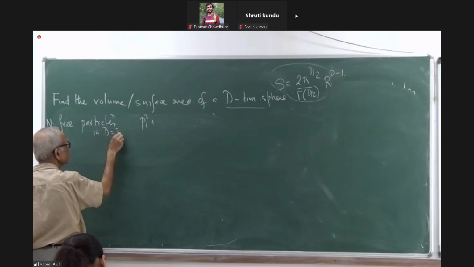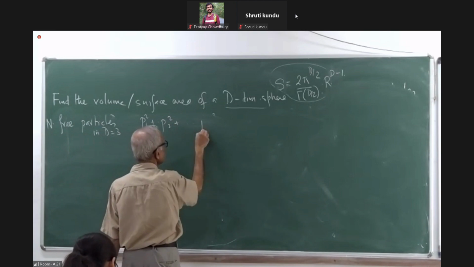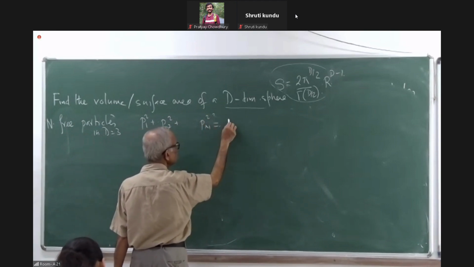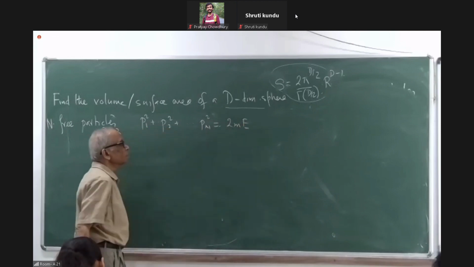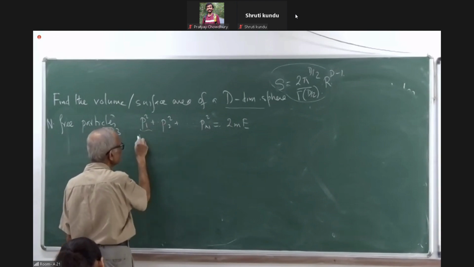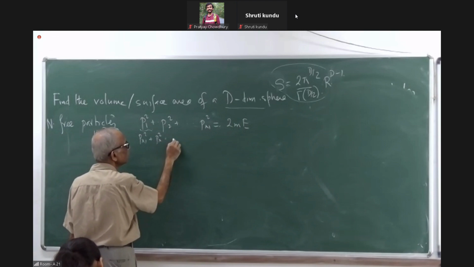So p1 squared plus p2 squared up to pn squared is equal to 2m times E. Each one of these has three terms, px1 squared plus py1 squared and so on.